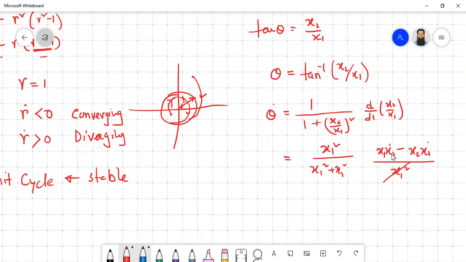So x1 getting cancelled out. What is left is x1 x2 dot minus x2 x1 dot, divided by x1 square plus x2 square.